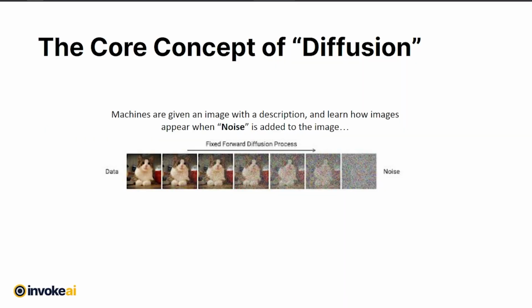So let's dig in. To understand diffusion and how it's used in creating new content, we have to understand how machines are taught on the images in the training set. During the training process, machines are given an image with a description. So, for example, a cat in front of a red chair. And they observe the image as it's transformed by adding noise to the image, to the point where it becomes completely incomprehensible. It's just noise.